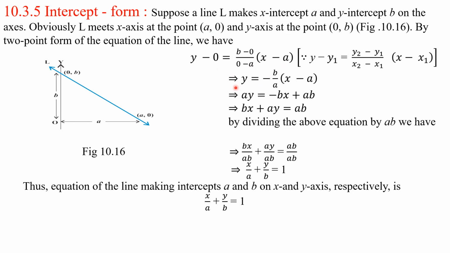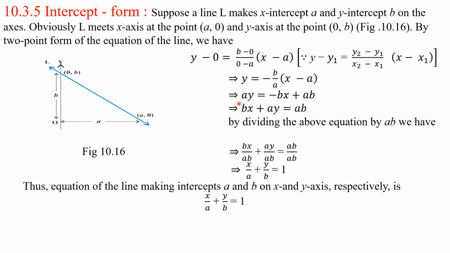Right. This implies y minus 0. What will we get in the LHS? y is equal to, by simplifying this part, what will we get? Minus b by a. In the numerator we get b minus 0 is b, by in the denominator 0 minus a means minus a. So we wrote the negative sign before this rational number. Can we write it or not, my children? Right. Into x minus a.